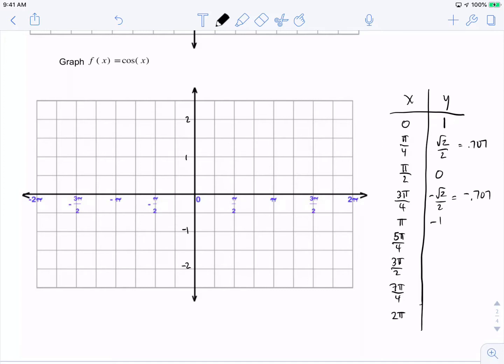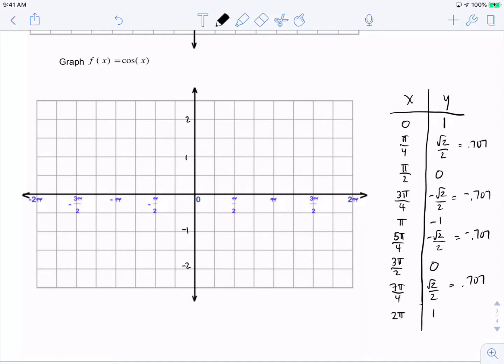It's negative 1 at pi. It's negative radical 2 over 2 at 5 pi over 4, which is again that negative 0.707. It's 0 at 3 pi over 2, and then at 7 pi over 4, we get back to the positives for the x value, and then at 2 pi, cosine of 2 pi is 1.